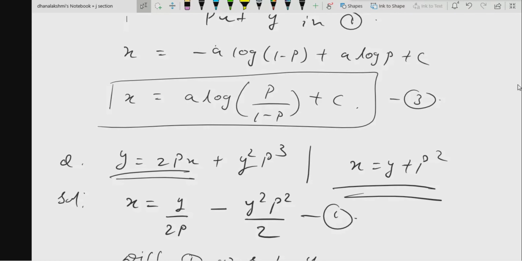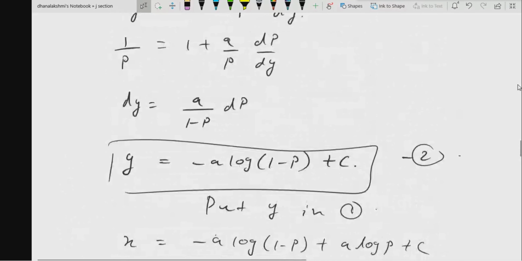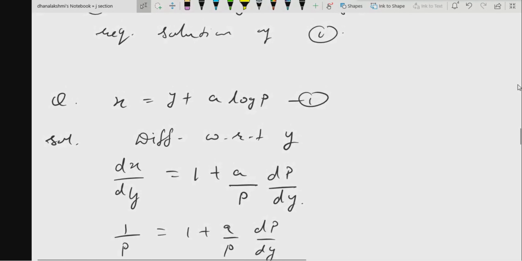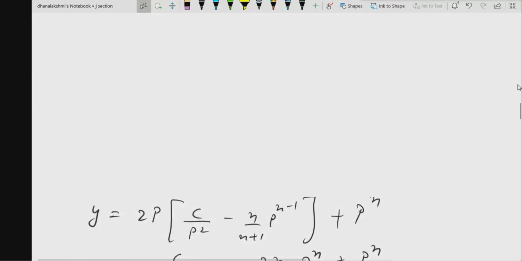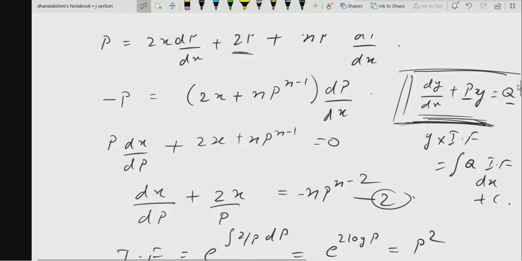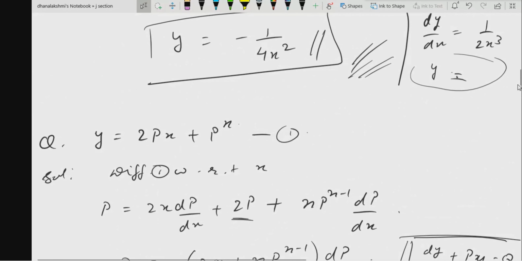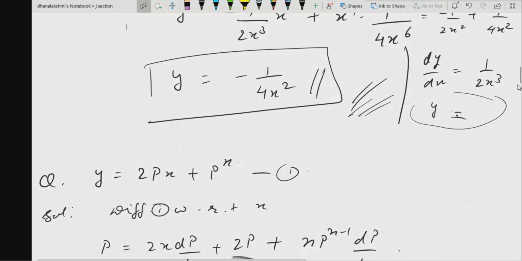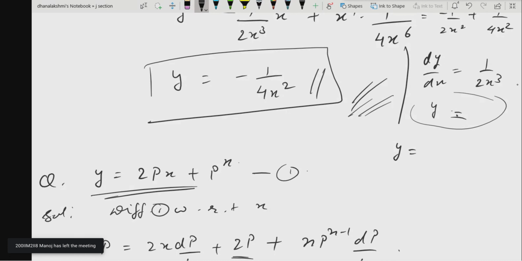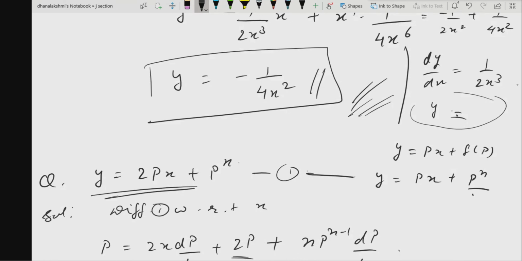Okay, you see this particular one. If you compare with what is Clairaut's equation, it looks like y is equal to p into x plus some function of p. So this question can be written as y is equal to p into x plus p to the power n by 2. Can I write it or not?